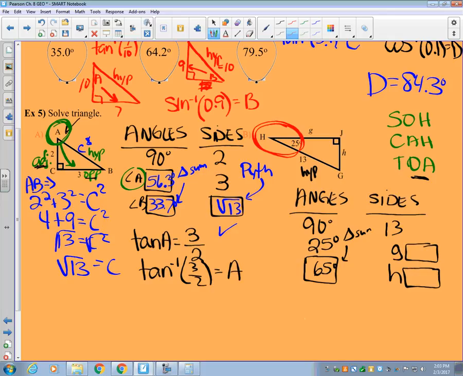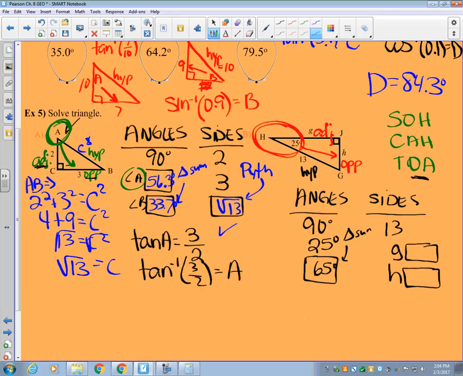So I'm going to go back to the 25 degrees, although I could use 65. When I'm using H as my reference, my opposite is little h, and my hypotenuse is 13. G is my adjacent.